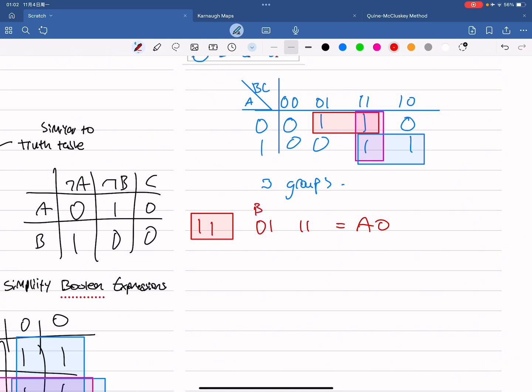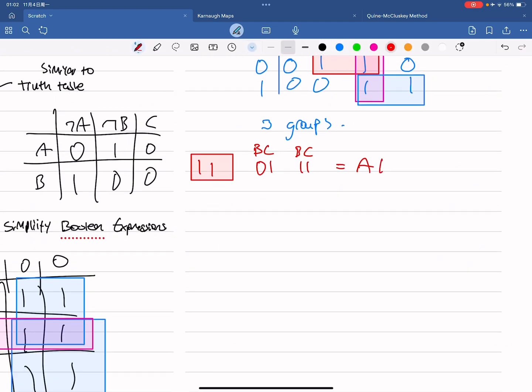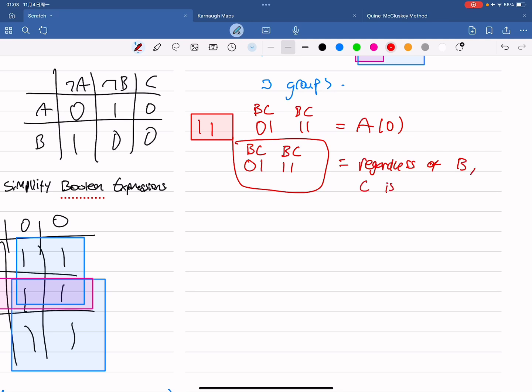So this is B and C, this is B and C. So what does this mean? 0 and 1 and 1, 1. These are the most important bits. This means that regardless of B, C is the same, right? C is the same.